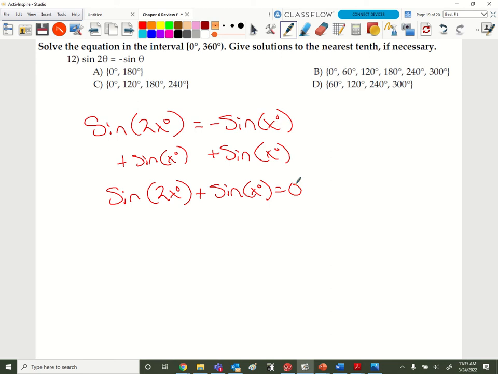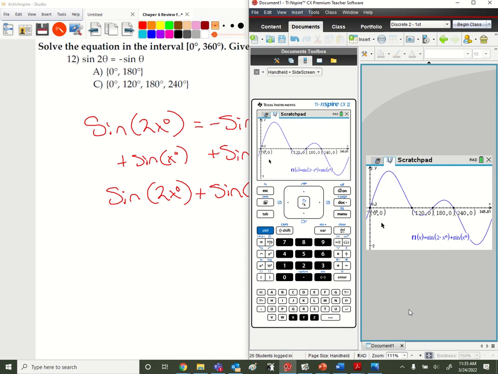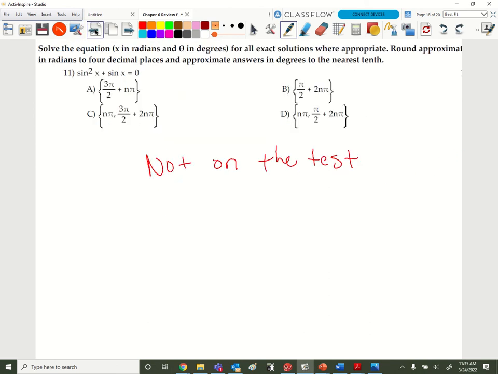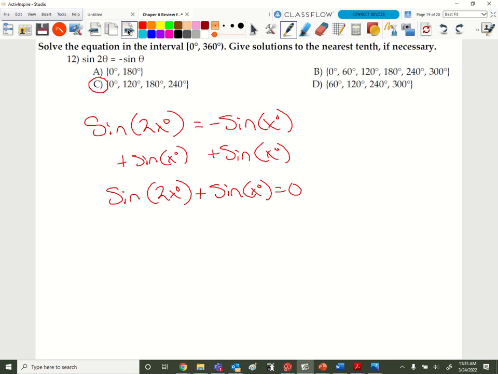All right, there we go. Oh, hey, this looks a lot like that problem that I just did. So answers are 0, 120, 180, and 240. So this time the answer is C. See, trying to trick you guys there. So right here, the answer was A. Here the answer is C. Just pay attention.